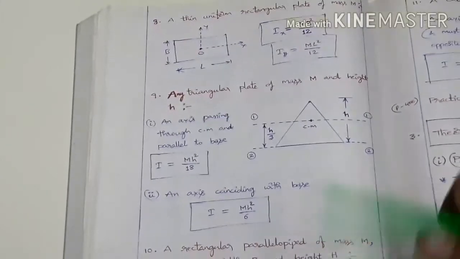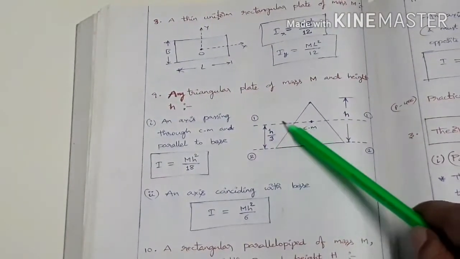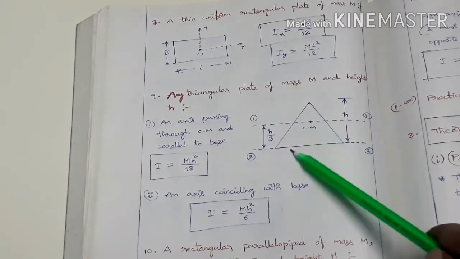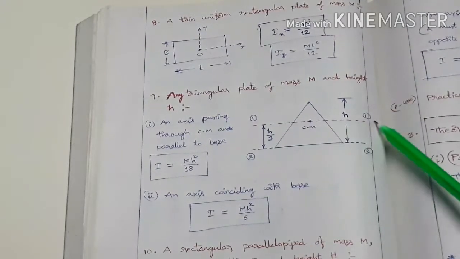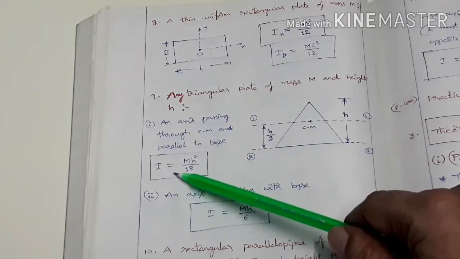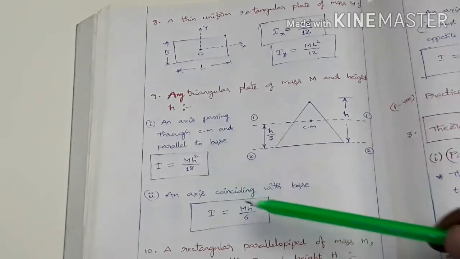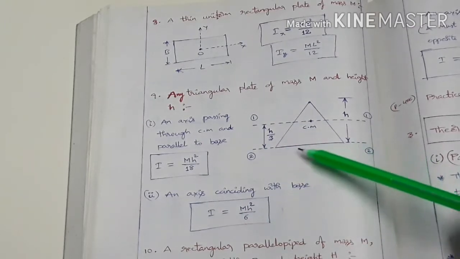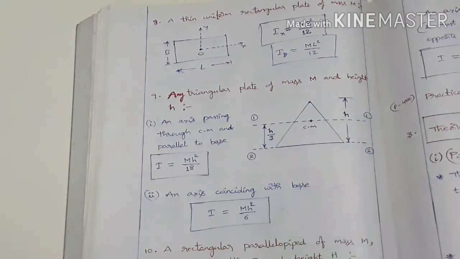Then for an axis passing through the center of mass and parallel to the base, and lying in the lamina of the triangle, the moment of inertia I equal to M by 18 into h square. Now let us consider an axis which is coinciding with the base. In this case, what is the moment of inertia? I equal to M by 6 h square.